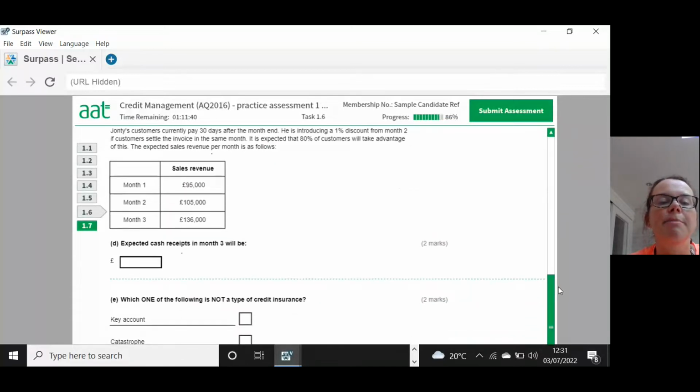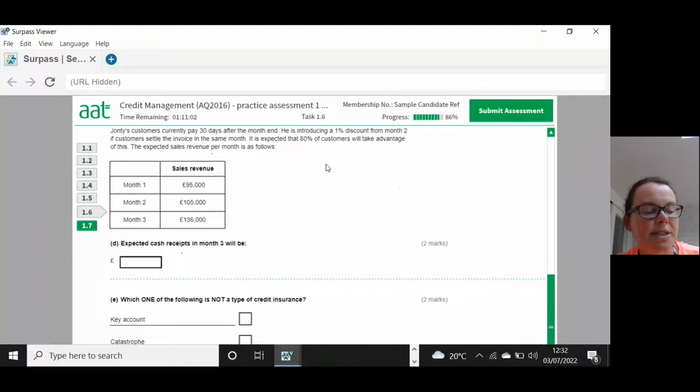Jonty's customers currently pay 30 days after the month end. He is introducing a 1% discount for month 2 if customers settle the invoice in the same month. It is expected that 80% of customers will take advantage of this. The expected sales revenue per month is as follows. So expected cash receipts in month 3 will be 80% of 136,000, and then times that by 99%.